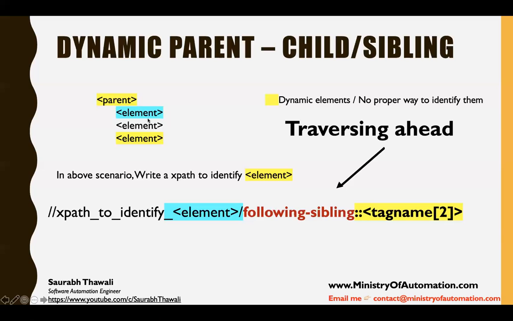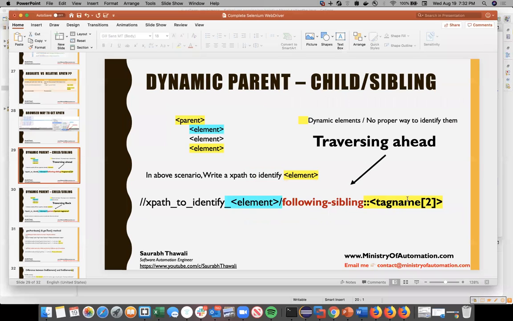So basically, it is the second element starting from this. Relative to this element it is 1 and 2, so it is in the second position. That's why we are saying, once you identify this element, then follow its siblings and go to the second index. With this, we'll try to identify it.